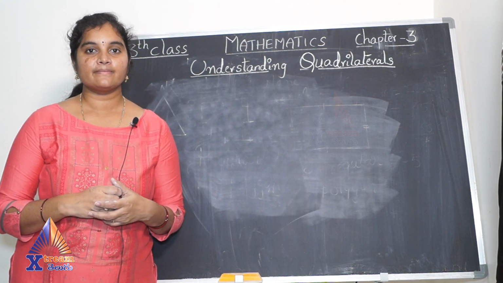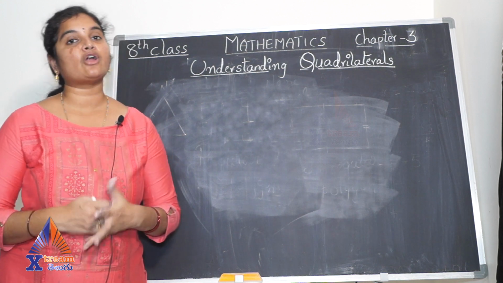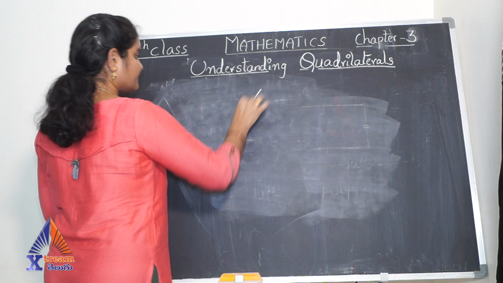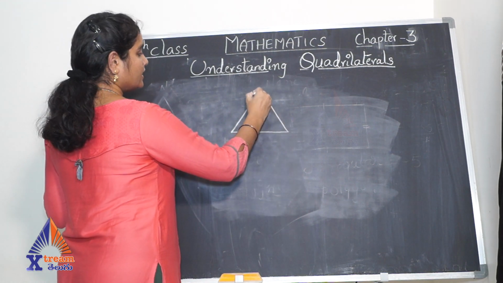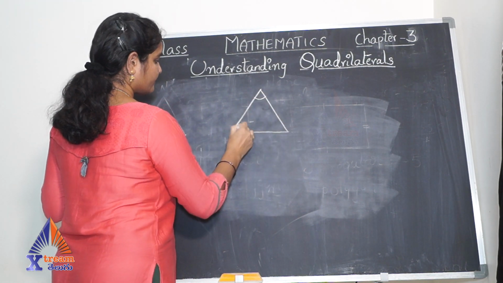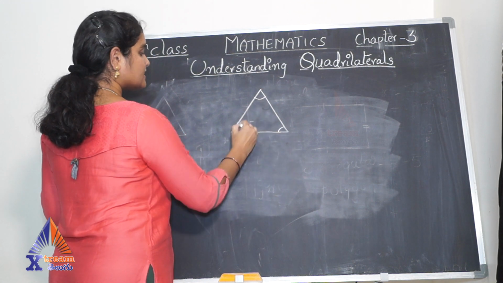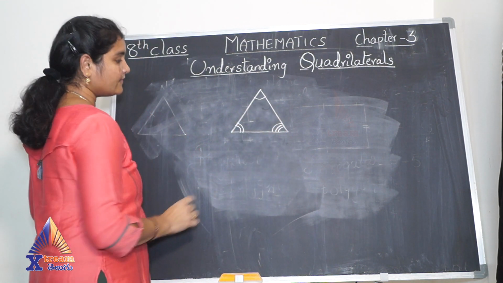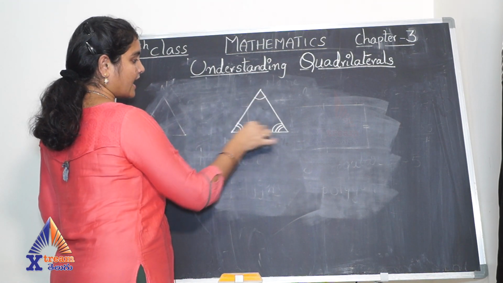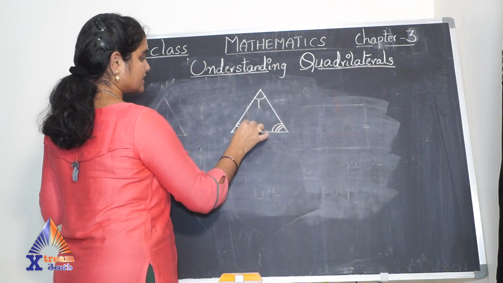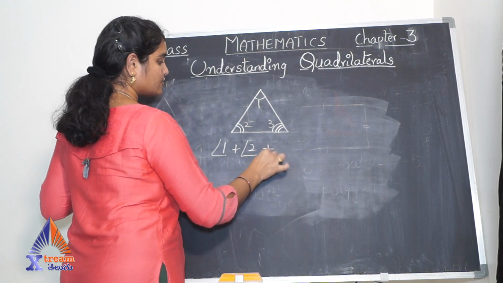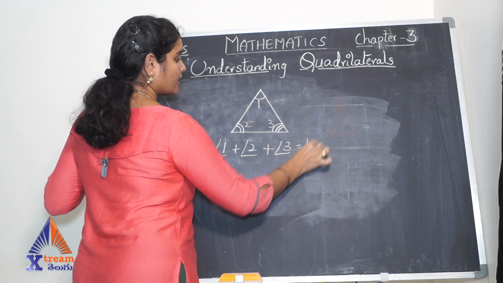Do you know what? That's the angle sum property. In triangles we have learned that the angles may be equal or different, but the sum of the three angles is 180. Angle 1 plus angle 2 plus angle 3 is 180 degrees.